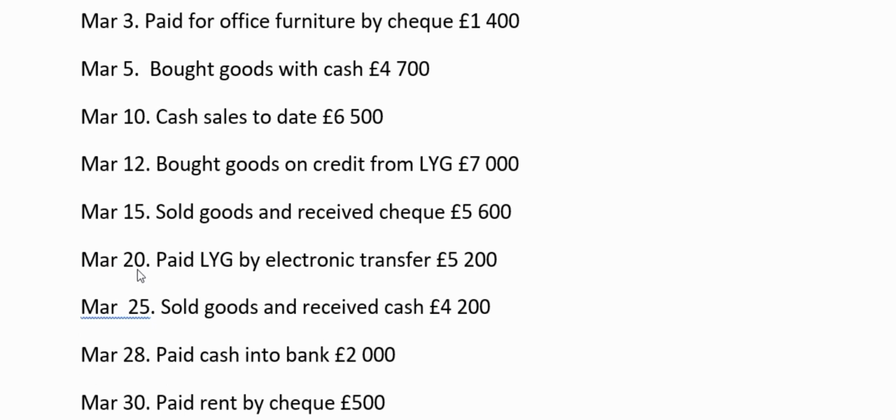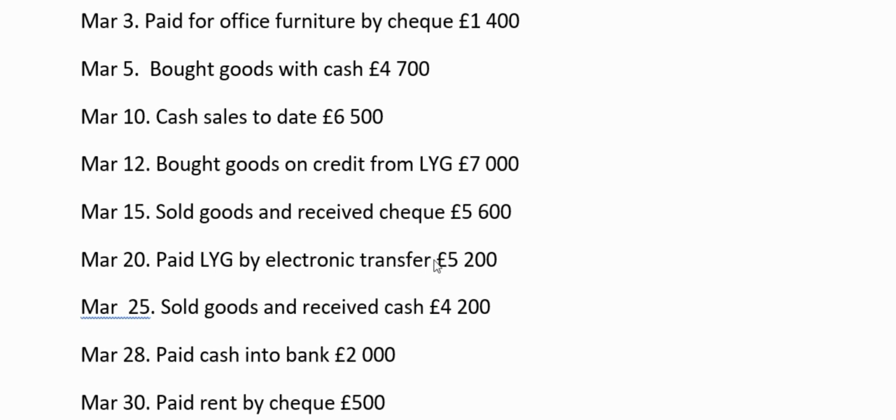March 20th. I think we skipped that. March 20th: paid LYG by electronic transfer 5,200. Remember, on March 12 goods were bought from LYG worth 7,000, and now we are paying money to offset that debt.